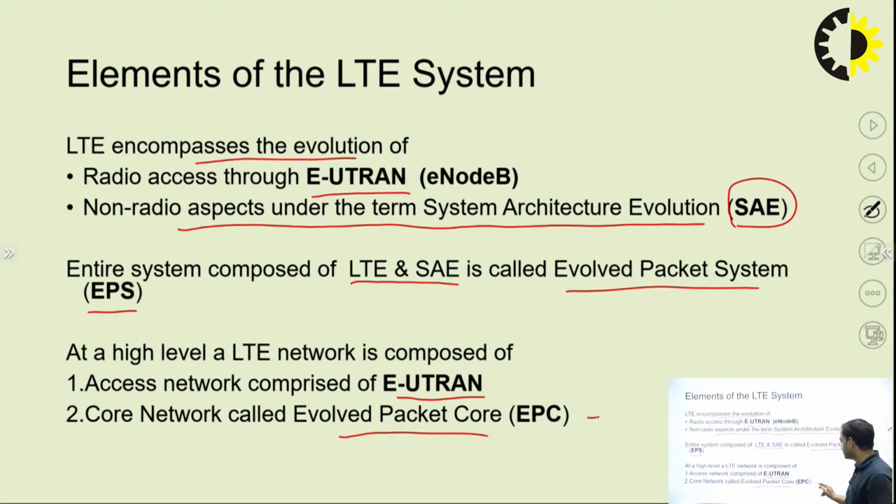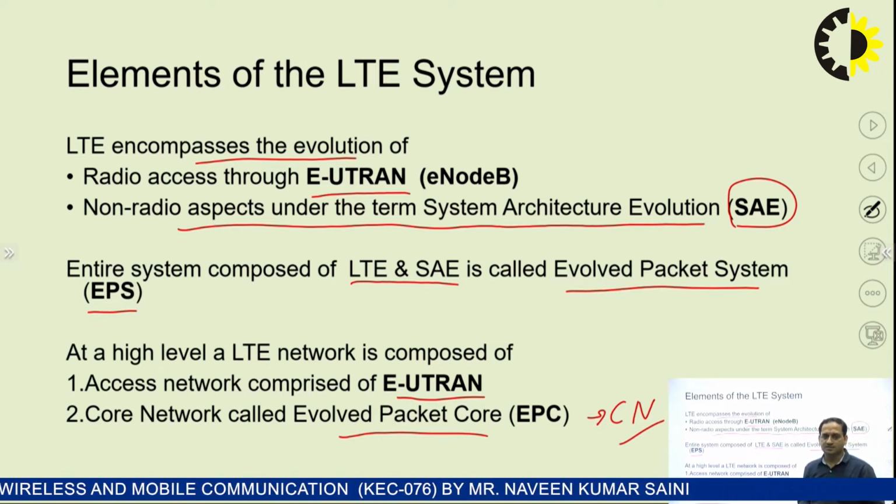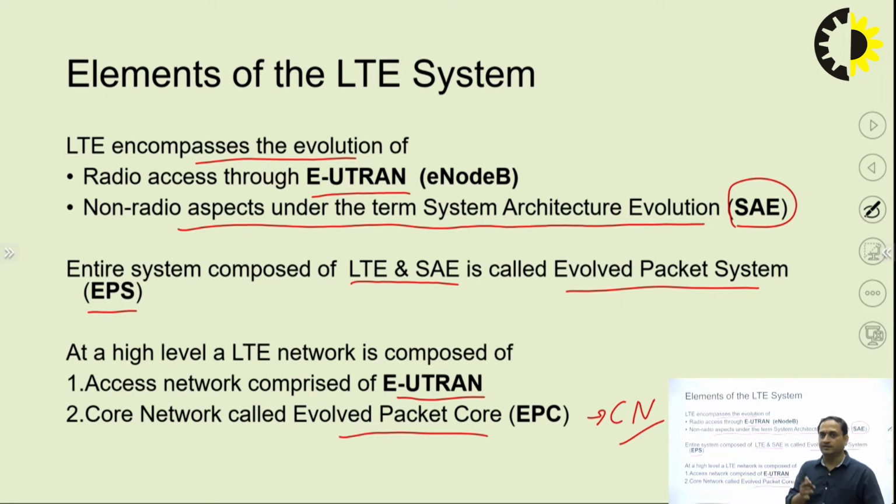Together with the E-UTRAN, this is called the LTE system, which is a 4G network. In a broad way we call it 4G, but realistically it is a 3.9G network, because in this system they have used a lower data rate than was expected in the 4G network.